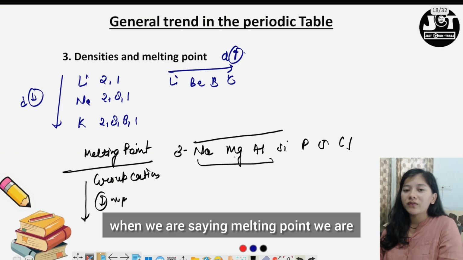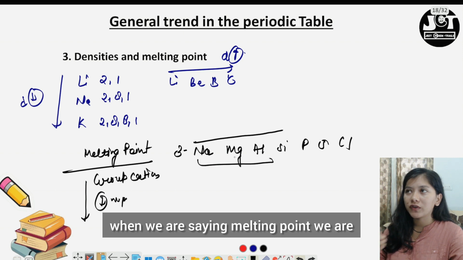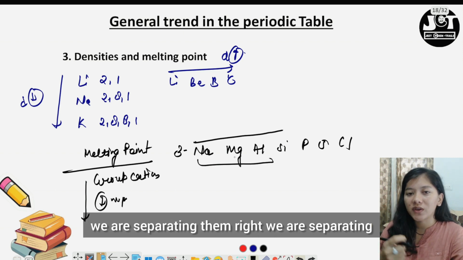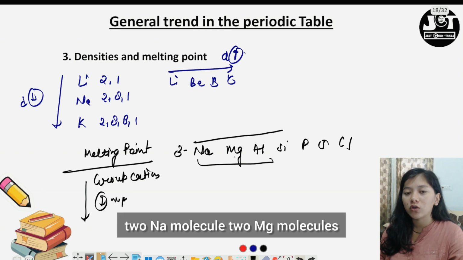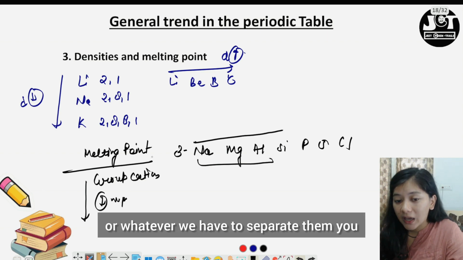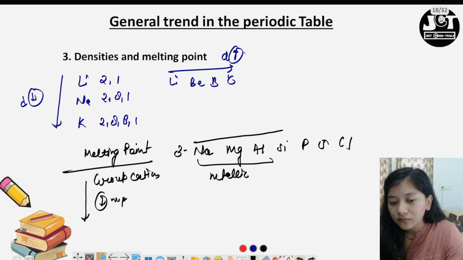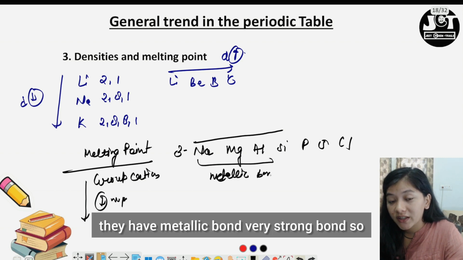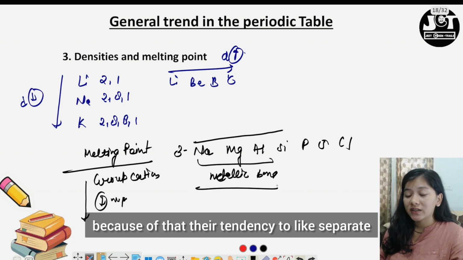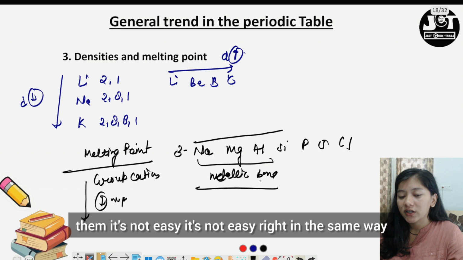See, when we are talking about melting point, if we have the solid state of these elements, we are separating them, right? We are separating 2 Na atoms, 2 Mg atoms or whatever we have. Between them there is the working of the metallic bond, a very strong bond. Because of that, separating them is not easy, right?